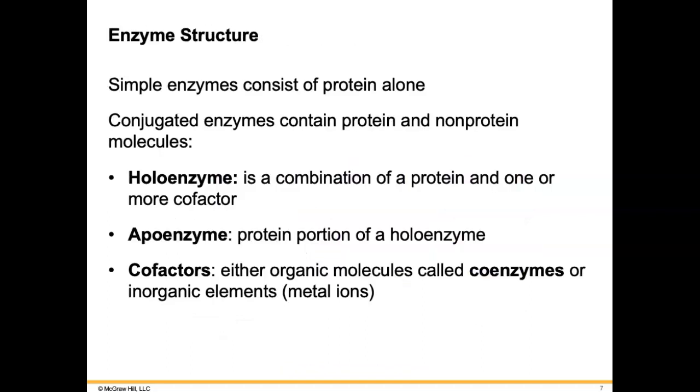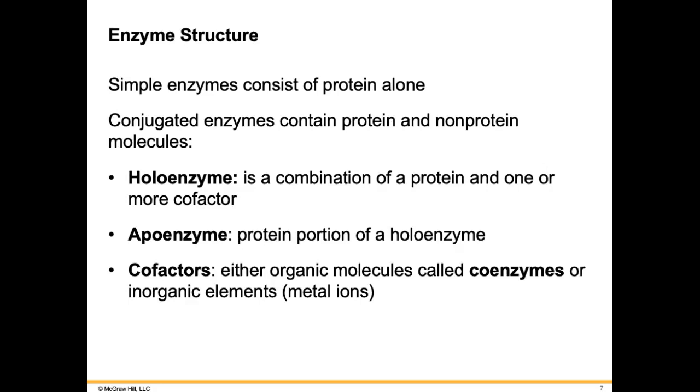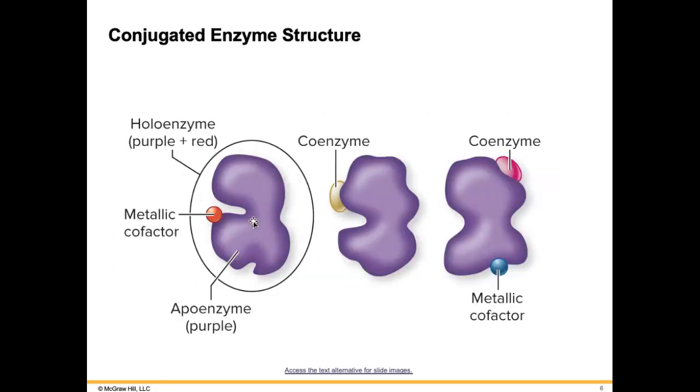Simple enzymes are just a protein, just the purple here would be a simple enzyme. But if it was a conjugated enzyme, it would be that purple, which is the protein, and some sort of other non-protein molecule. A holoenzyme, just terms here, is a combination of a protein and one or more cofactors. An apoenzyme is the protein portion. Remember, this is the apoenzyme, the protein portion.